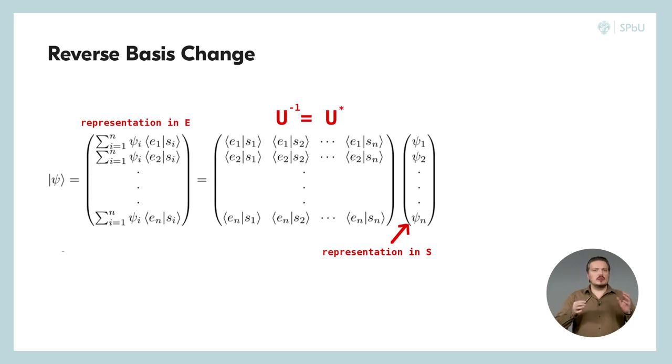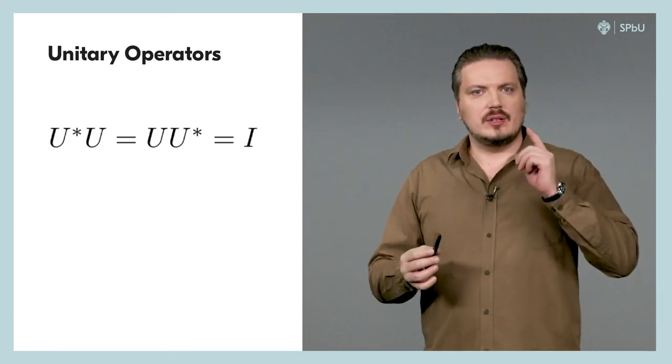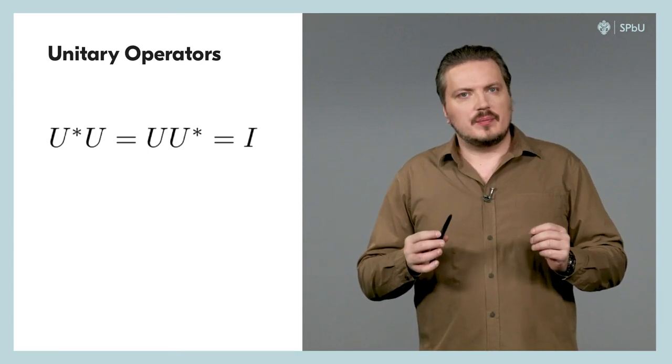And if we applied U to some vector to obtain its representation in the basis S, then U star reverses this operation, and we obtain the initial representation E. The operators whose adjoint is also their inverse are called unitary operators.